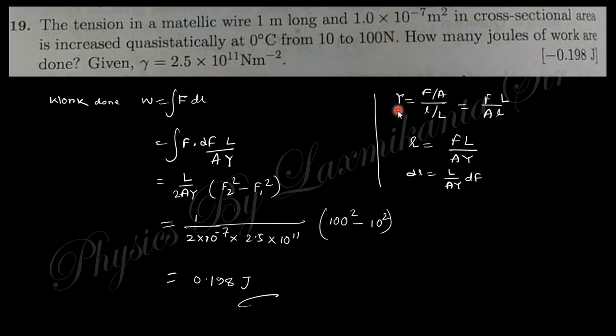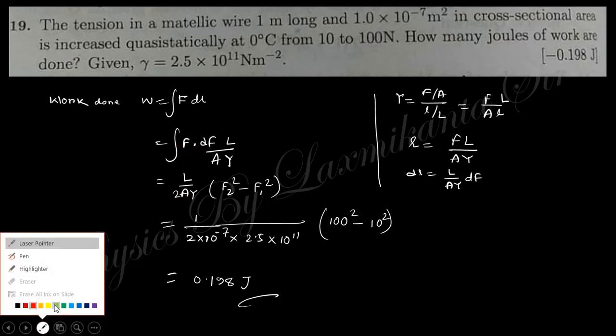Okay. You know Young's modulus equals force per area divided by the length increase over the initial length. Rearranging, you get L equals FL by AY. If you apply a small force, dL can be replaced by L by AY times dF. L, A, Y are constant, and F is integrated, so this is F square by 2, from initial to final.